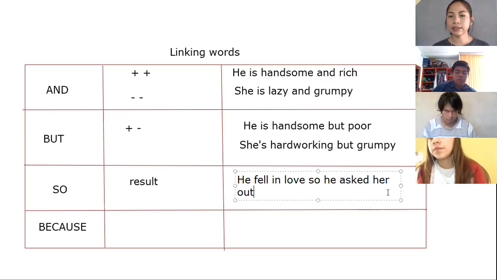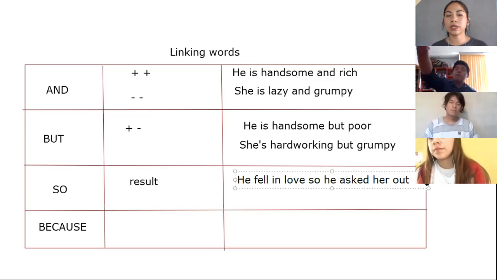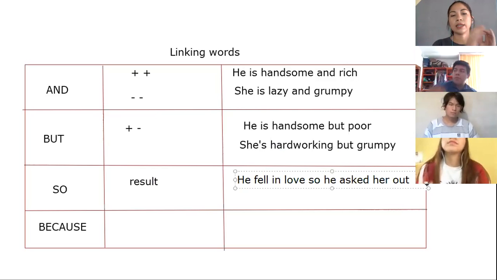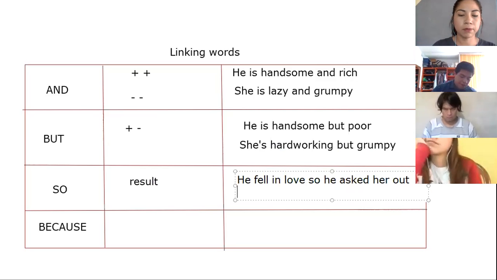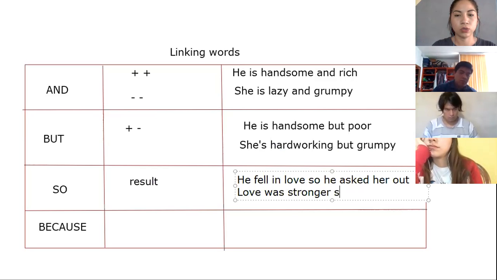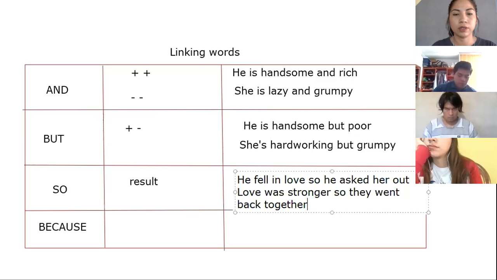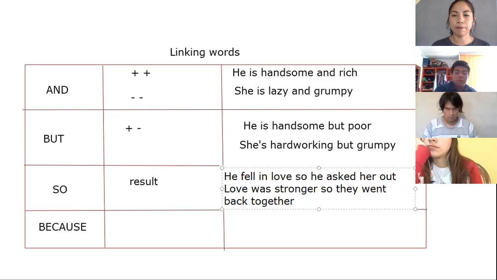Okay, like in the story. We can connect those ideas in one story, in one situation, when there is a result, okay? Love was stronger, so they went back together, okay? That is the result of something that happened. That is just the result.